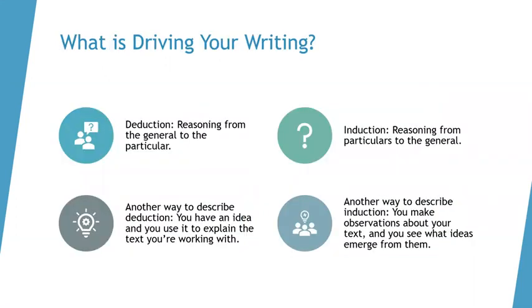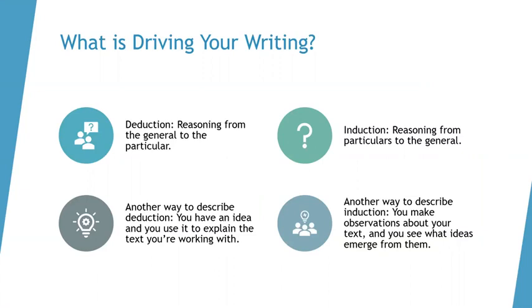If you've read Writing Analytically, in this section they point out that there are really two ways to think as you go about writing academically: deduction and induction. Deduction is reasoning from the general to the particular, okay? And induction is reasoning from particulars to the general. It's just the opposite.